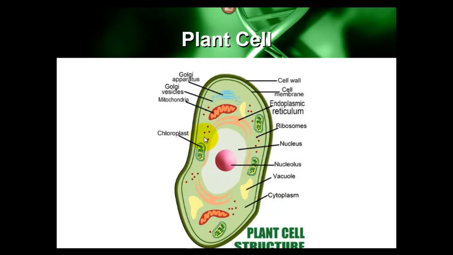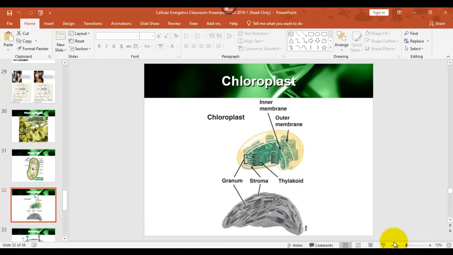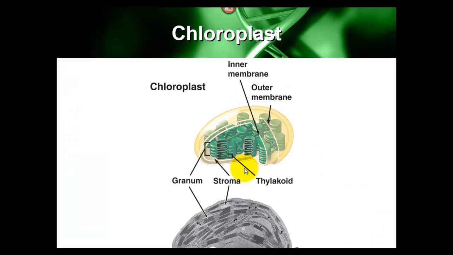Here's a nucleus, nucleolus, but what we're interested in is this thing called a chloroplast. We do not have those. Chloroplasts contain a pigment called chlorophyll. I'm going to blow this up. So here's a little bit of plant anatomy. This whole stack of these little circular discs, they're called thylakoids.